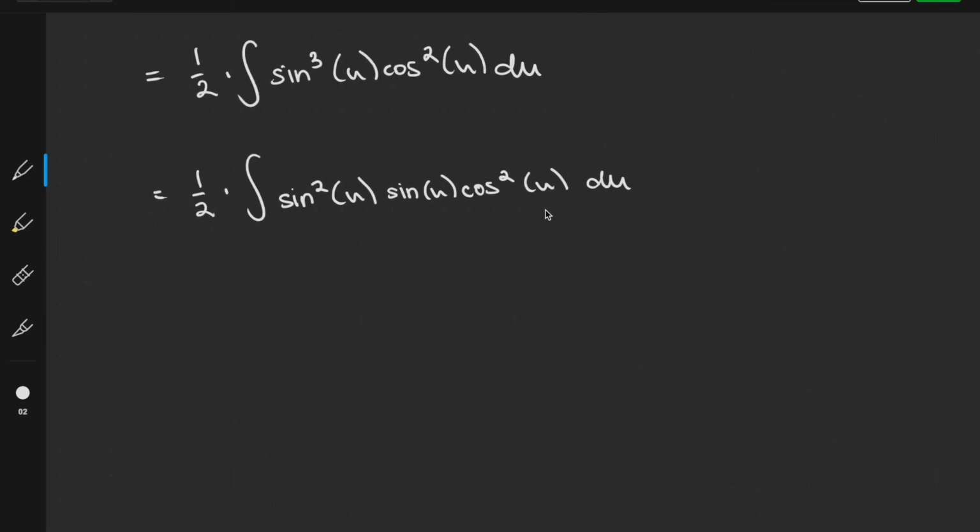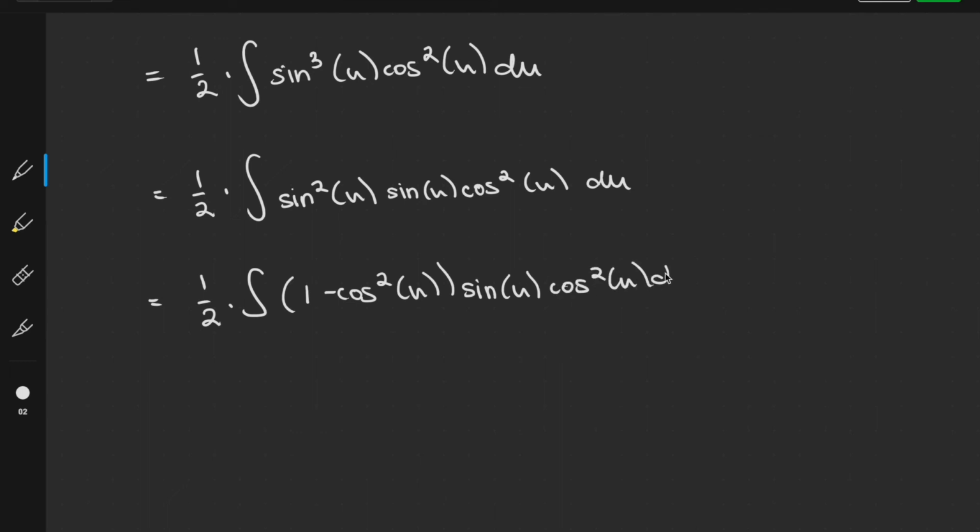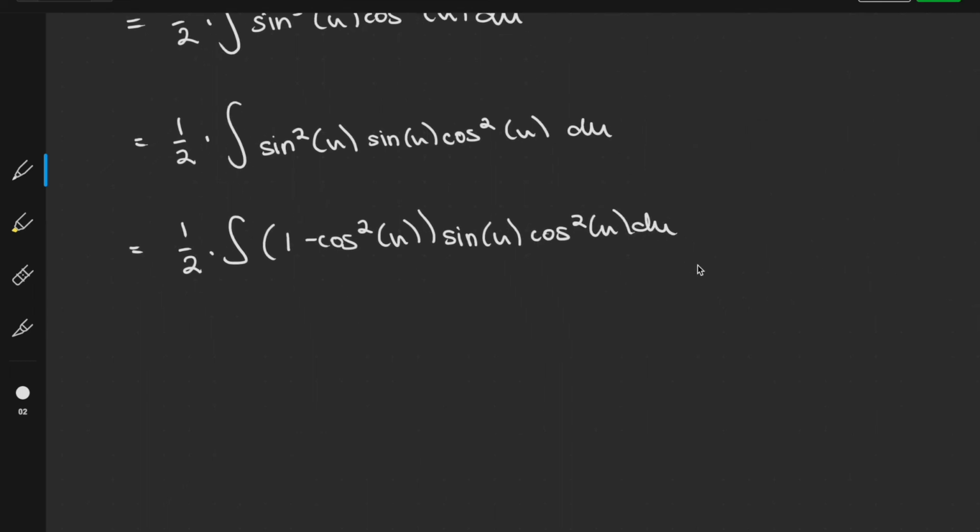And using the Pythagorean identity just for the sine squared, so that we can use it for the reverse chain rule, we're going to write that sine squared u as 1 minus cosine squared u, times sine u, and then times cosine squared u with respect to u.